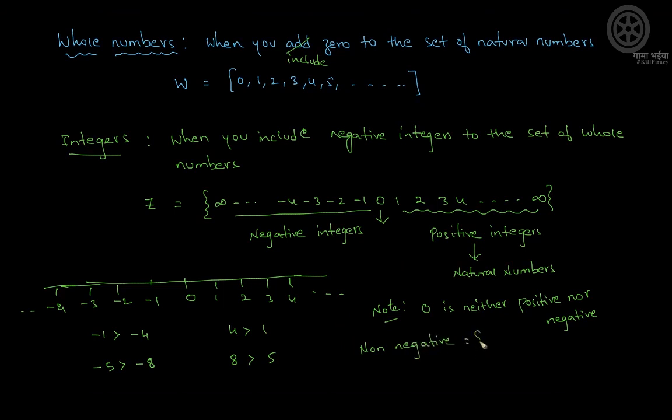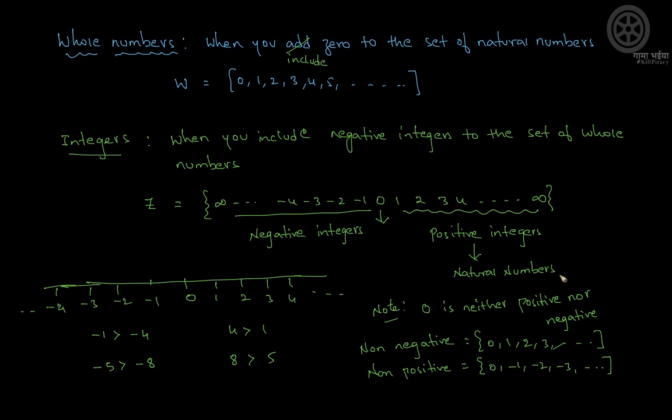Non-negative integers: 0, 1, 2, 3. Non-positive: 0, -1, -2, -3, and so on. Understood? Clear? Any doubts?